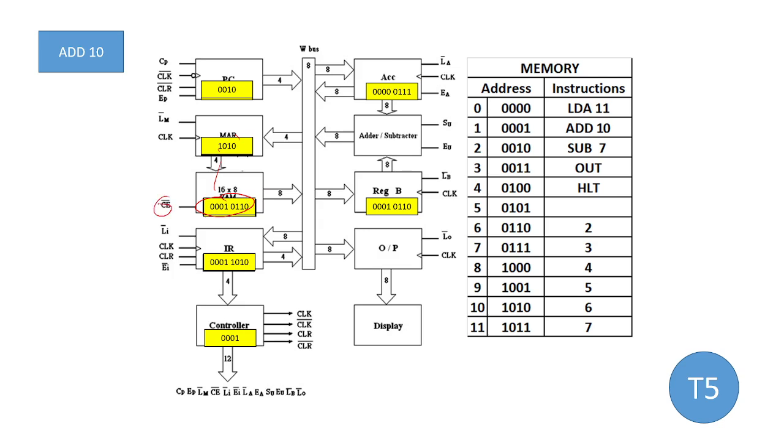Since our CE and our LB here are active pins, this data will go to our W bus, and then it will be accepted here in our register, and depending on the value of this SU, the SU tells us what to do. Since our instruction in 001 here is add, the SU will read that the value here will be added.